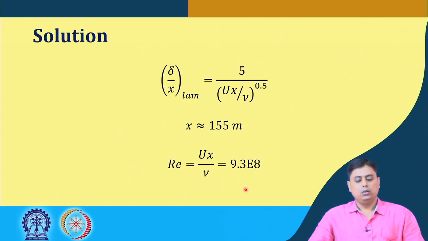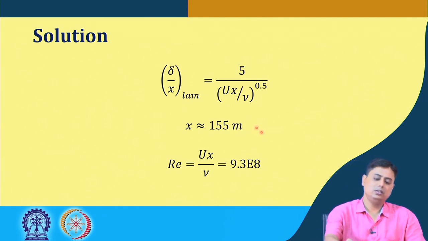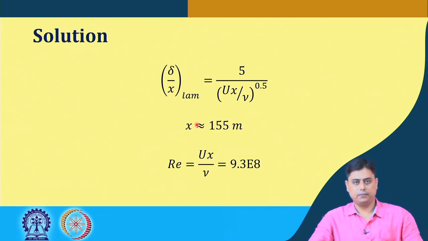Which means it is definitely not laminar flow, because laminar flow prevails on a flat plate only up to a value of 10 to the power 5. So, this condition is not satisfied, and that is why we are having such illogical results.